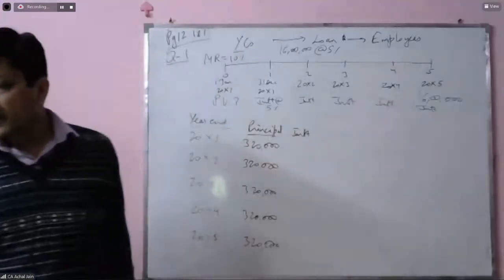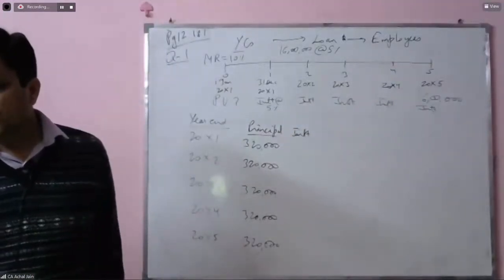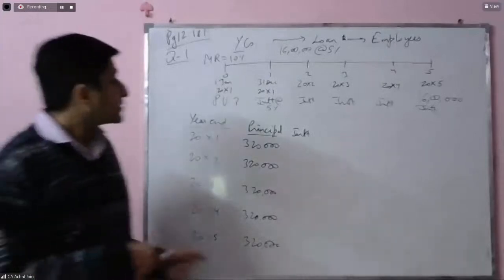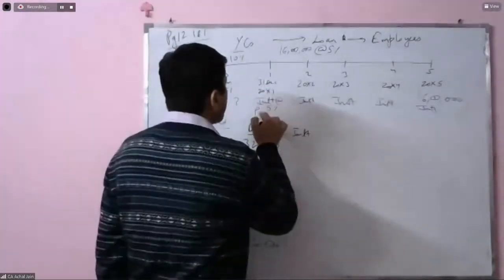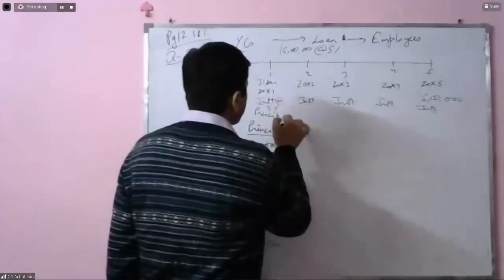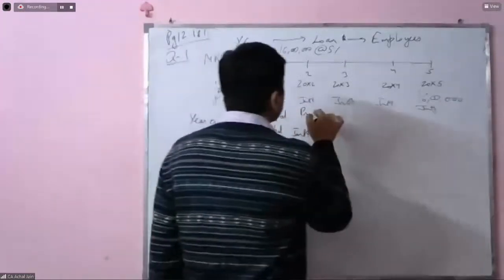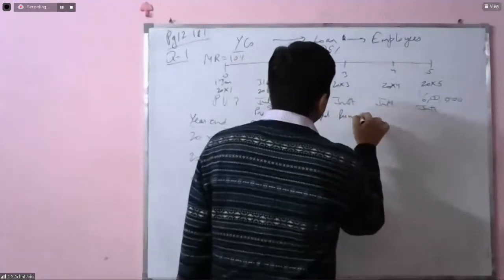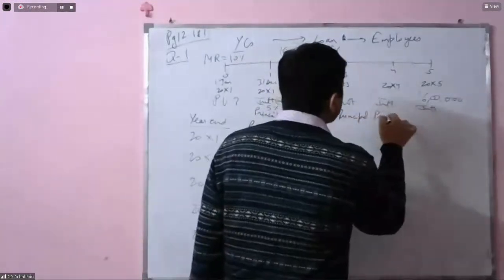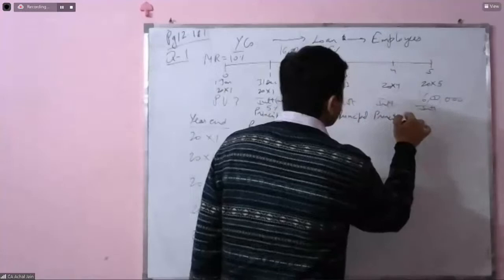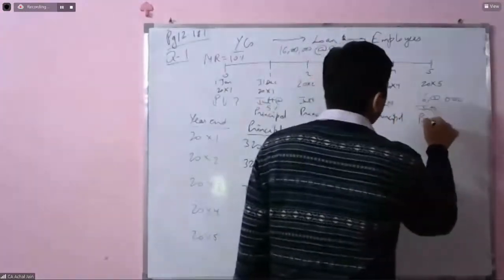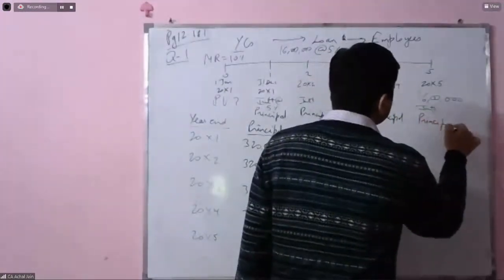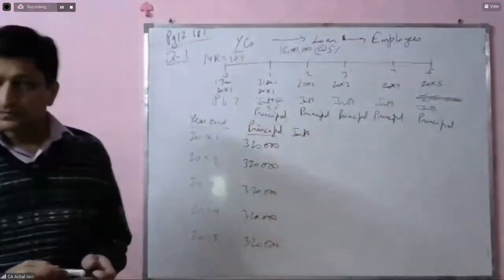That's why 5 repayments of the principal are coming over here. So I think we ignored that part. So I'll add principal over here, and over here, and over here, and of course over here. And in this case, we can just take away the 16 lakhs.